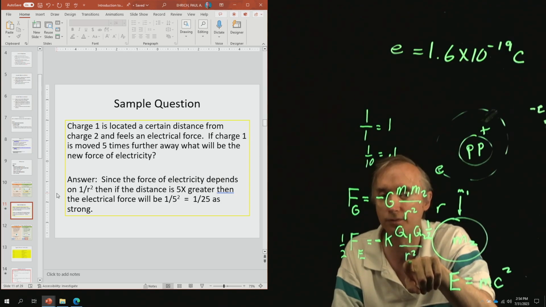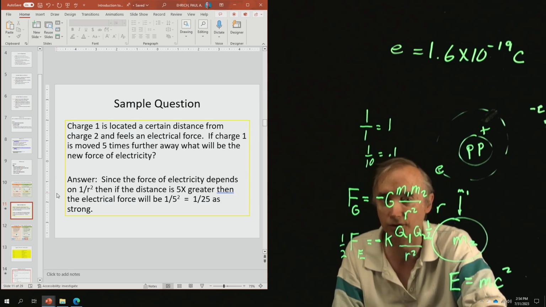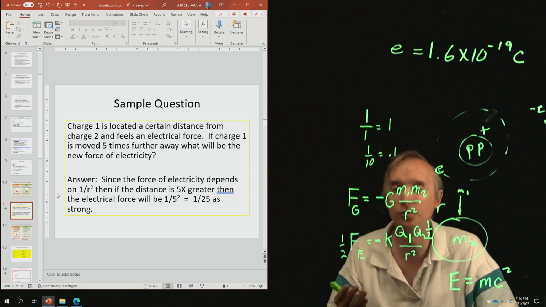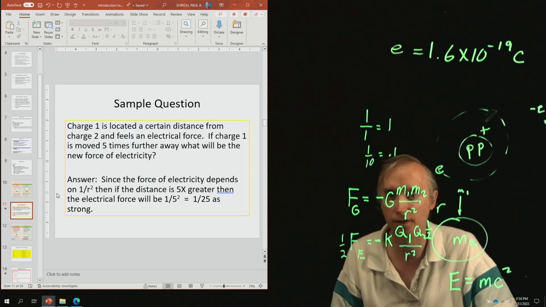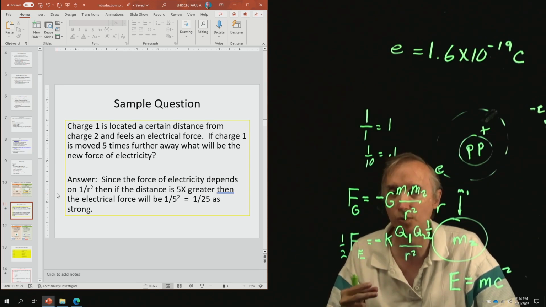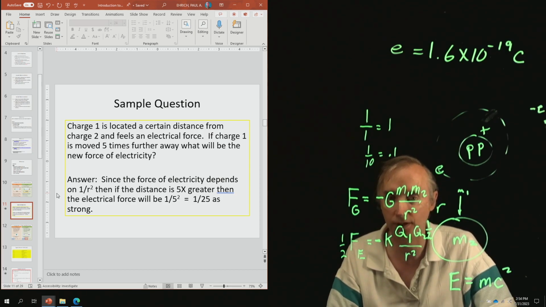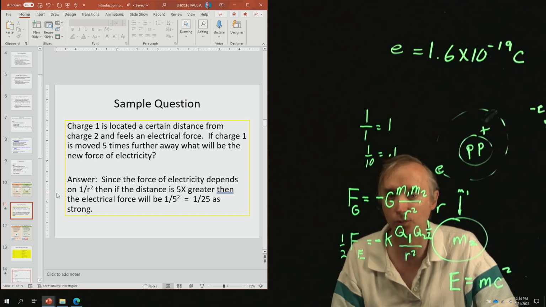But remember, the 5 has to be squared. So 5 times 5 is 25. So therefore, the new force of electricity is going to be 1/25 of what it used to be, or you could say 25 times weaker. So either of those two answers would be correct on the exam.